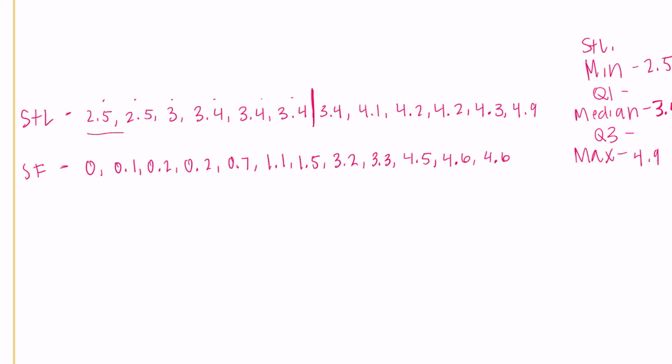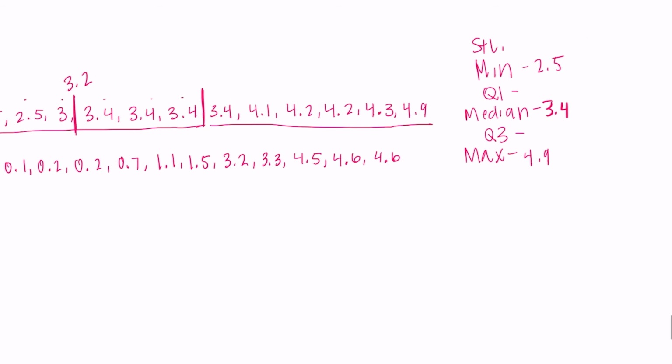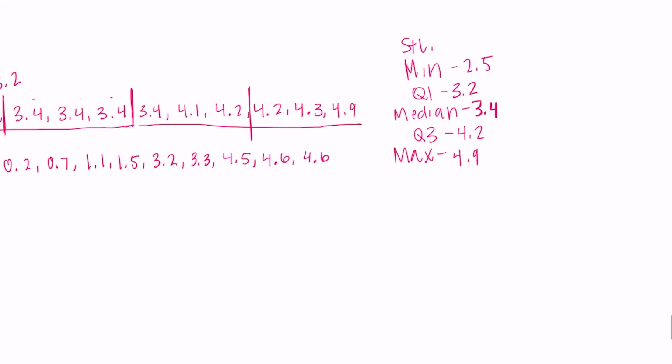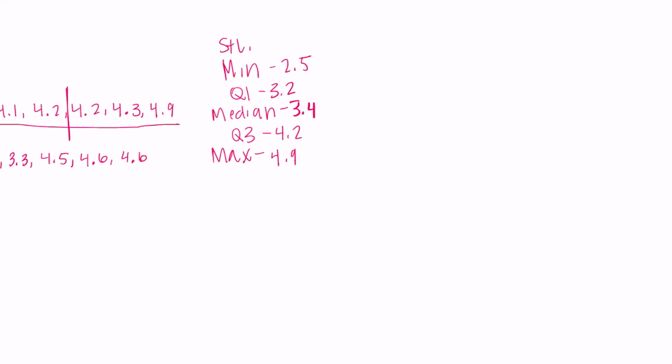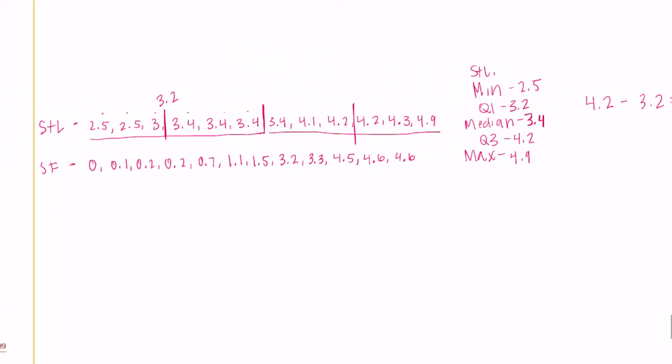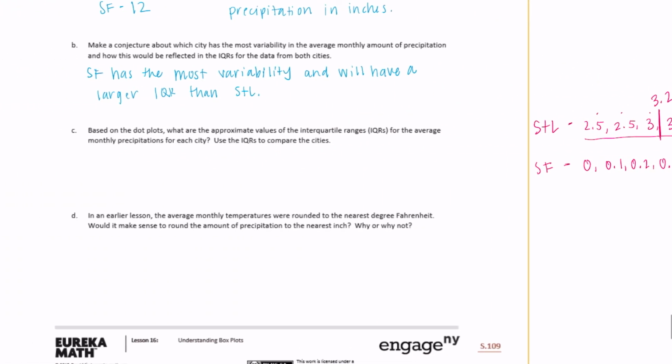So we have the bottom half and the upper half. Let's start with the lower half. Between 3 and 3.4 would be 3 and 2/10. And then the middle here, they're both just 4 and 2/10. So the IQR would be 4 and 2/10, Q3 minus 3 and 2/10, which is 1. So the interquartile range there is 1.